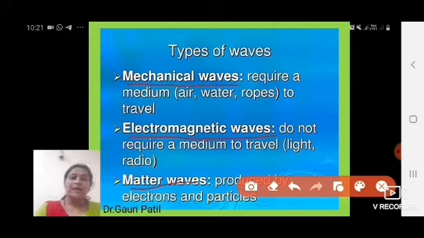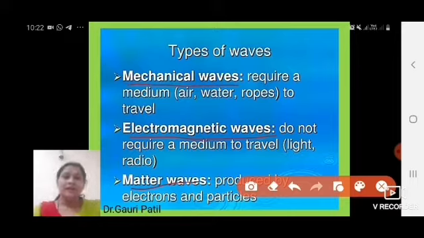Then electromagnetic waves are waves which do not require a medium to travel, meaning they can travel through a vacuum. Examples of electromagnetic waves are light waves, radio waves, X-rays and gamma rays. The waves present on the electromagnetic spectrum are electromagnetic waves.